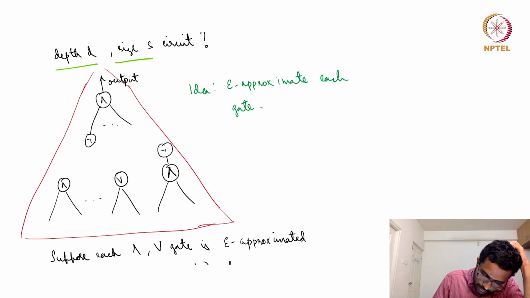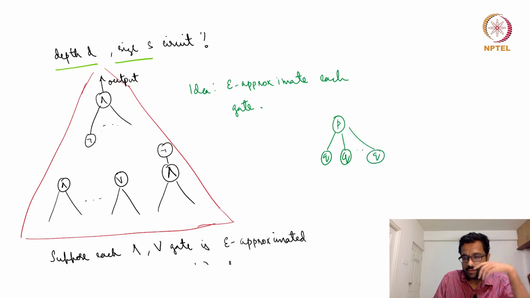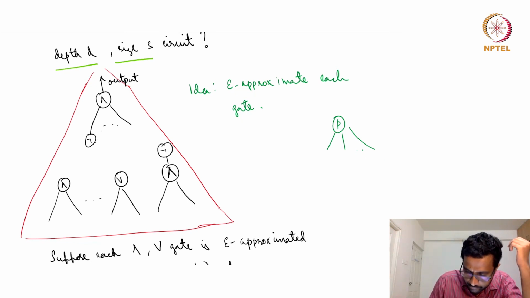So what does it mean? Suppose there is a polynomial, let's say p, that takes as inputs polynomials q1, q2, etc., qk.